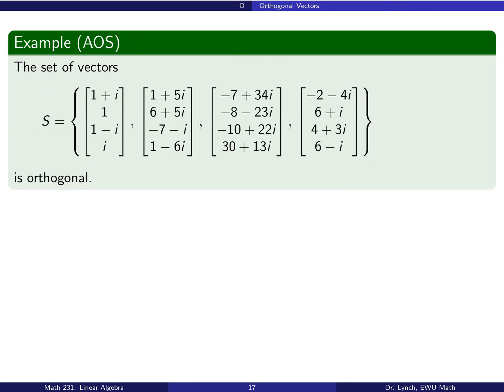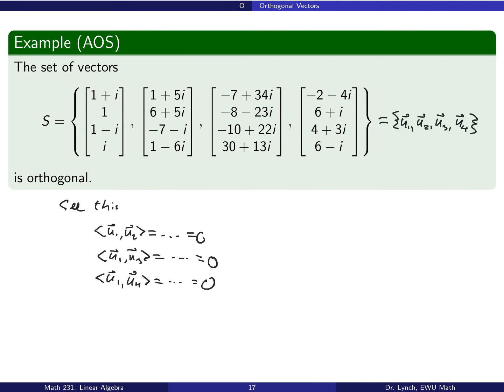Okay, other sets of vectors are orthogonal also. Here's a complex set of vectors that's orthogonal. This is messy. So in order to see that this set is orthogonal, again, we have to see that the inner product of each distinct pair is 0. I'll let you verify this, but the inner product of u1 with u2 is 0. The inner product of u1 with u3 is 0. And the inner product of u1 with u4 is 0.